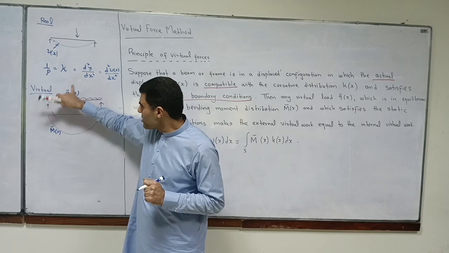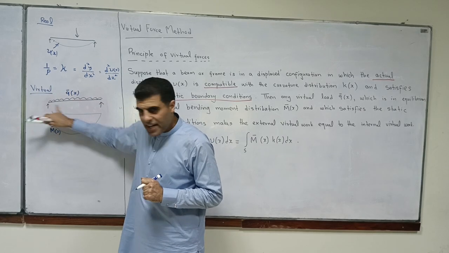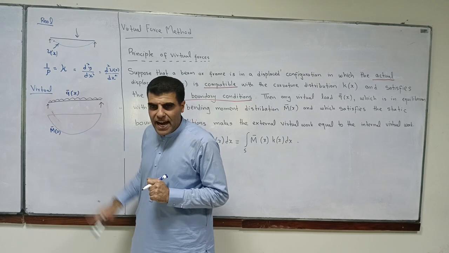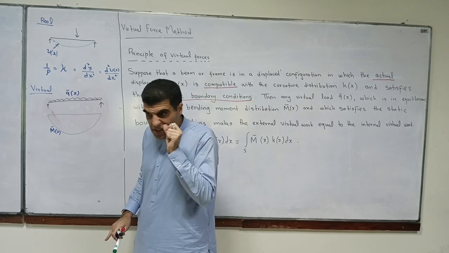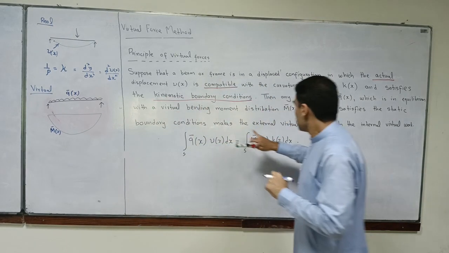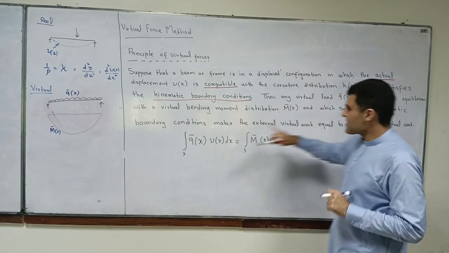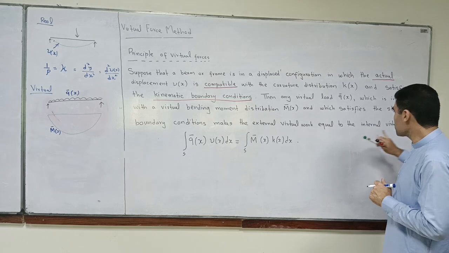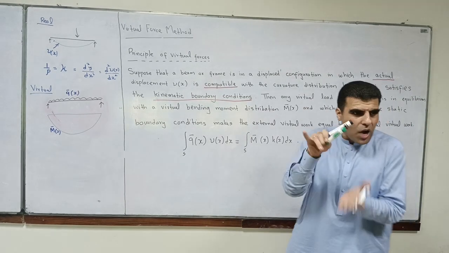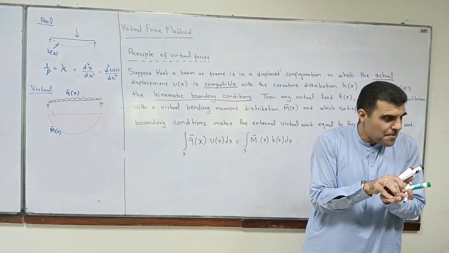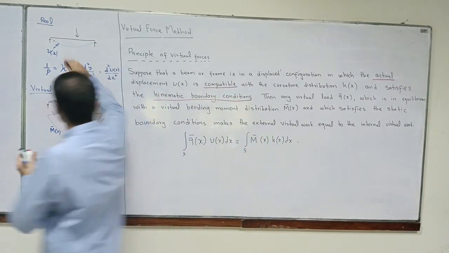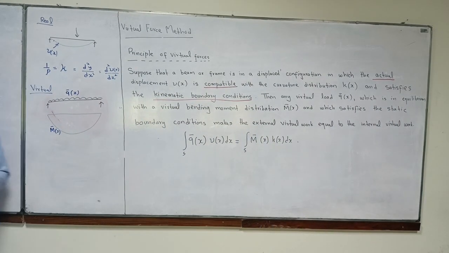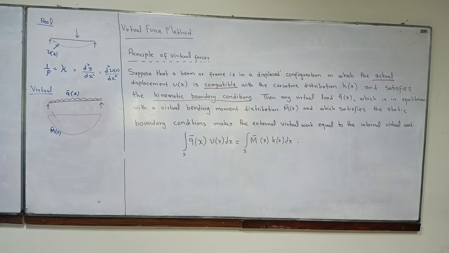There is some virtual load applied and we have got M bar x, which satisfies the static boundary and makes the external virtual work equal. If you have these two criteria satisfied, then you can apply the virtual work method on it.